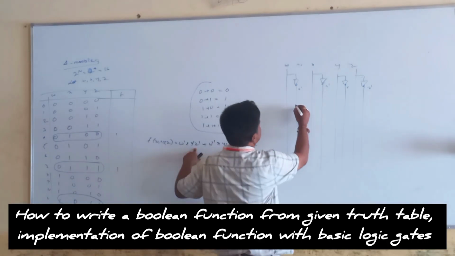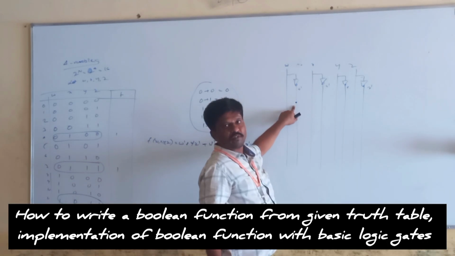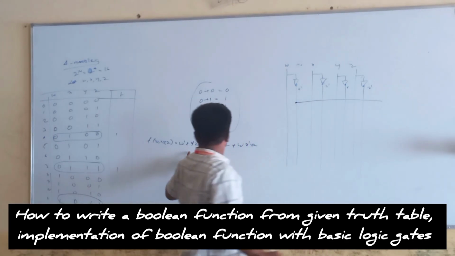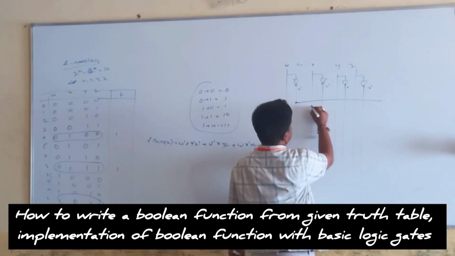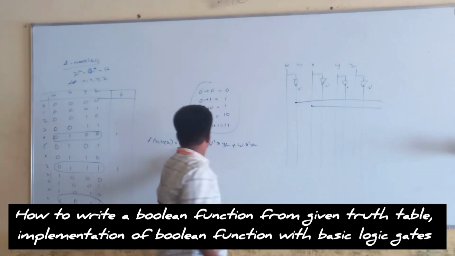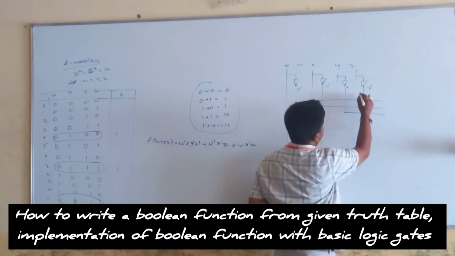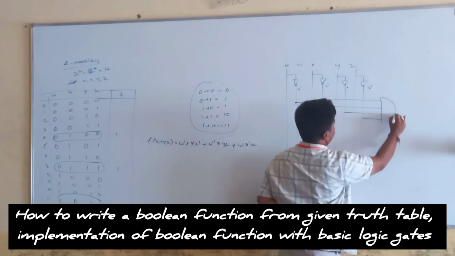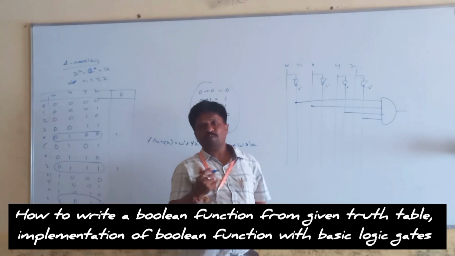W is the normal form, and this is the complement of w, taken as one line. Then the original x, the normal form, and then y dash and z dash, the complement forms. These 4 are taken to one AND gate, the term which is considered to be one term.